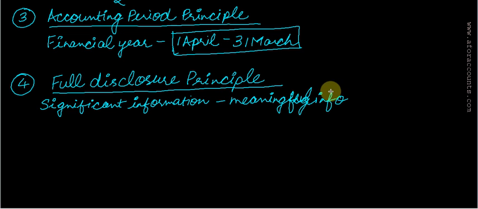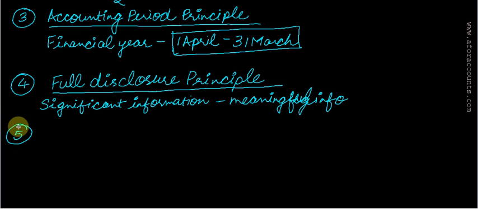There are so many people using it. So if there is some hidden information that can affect the decision of the users of those financial statements, then it is wrong. You have to disclose all material and meaningful information to the users of such financial statements. That is called the full disclosure principle.